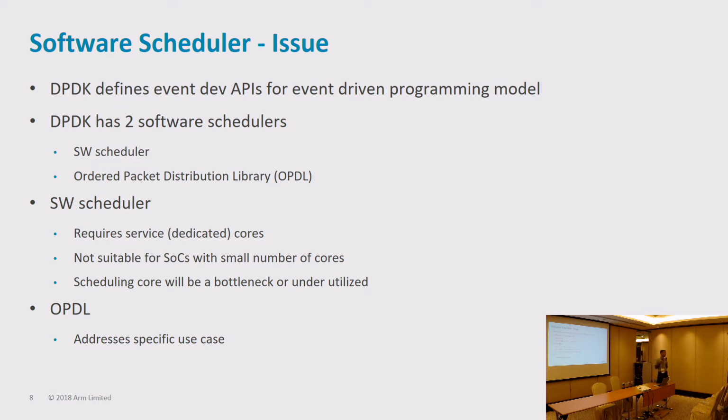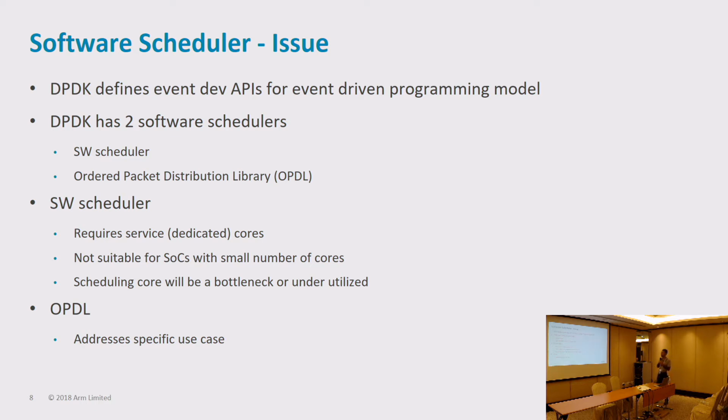So today in DPDK, there are two software schedulers. The first one is called the software scheduler, and that scheduler requires dedicated cores. What that means is you have to have one core which just does packet scheduling. So I see several problems with that.